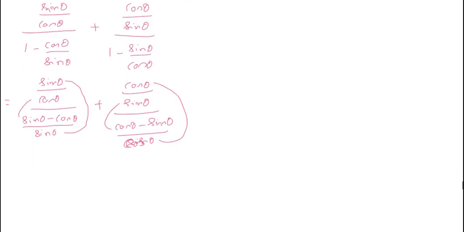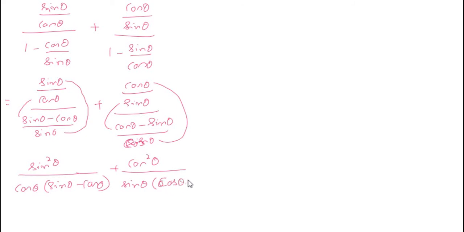So we will have sine square theta divided by cos theta into sine theta minus cos theta. This one plus this will be cos square theta divided by sine theta into cos theta minus sine theta.